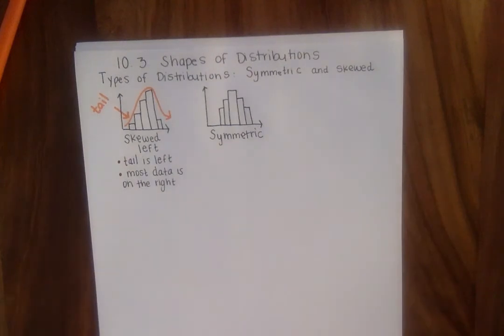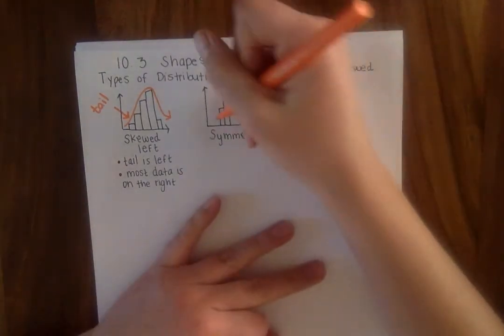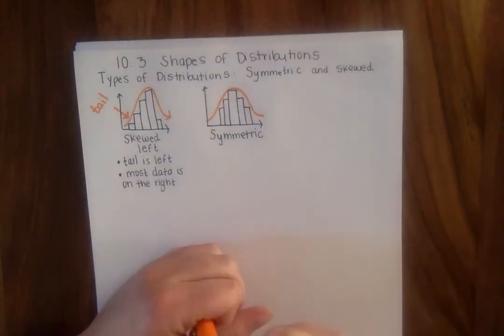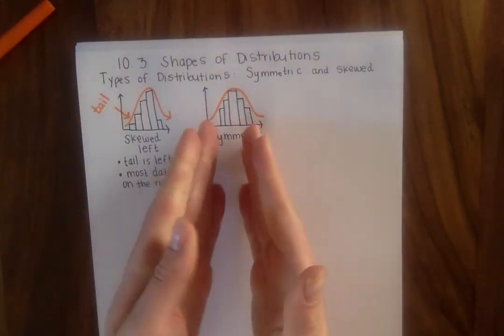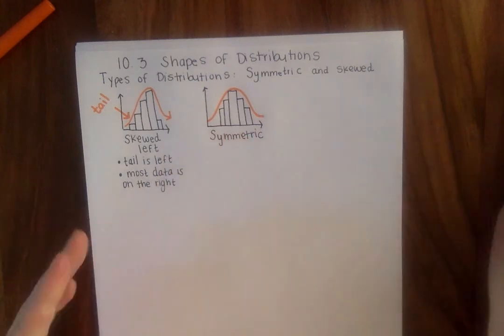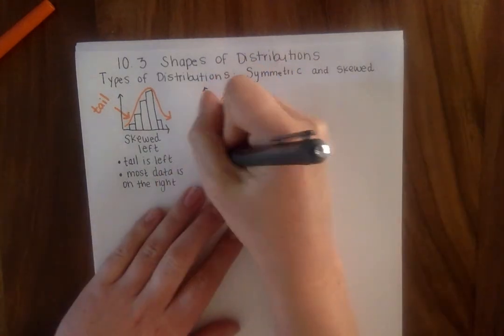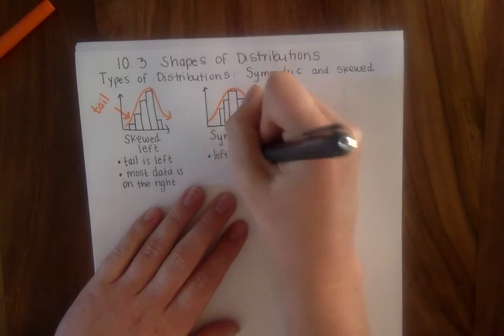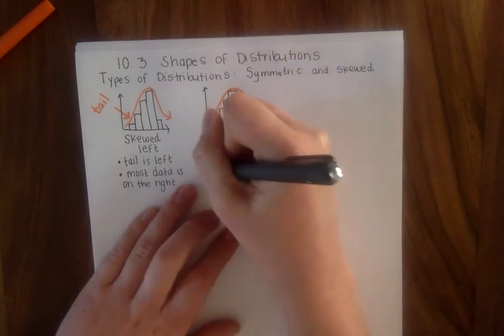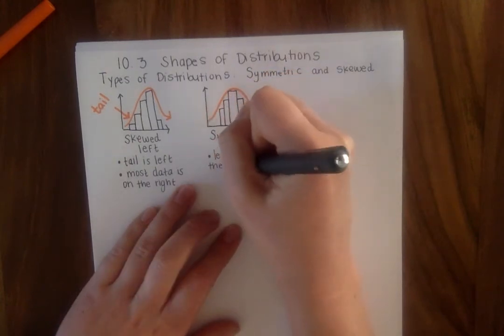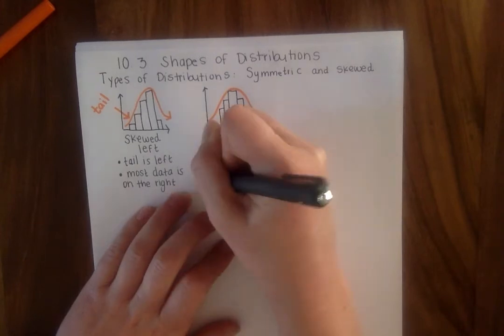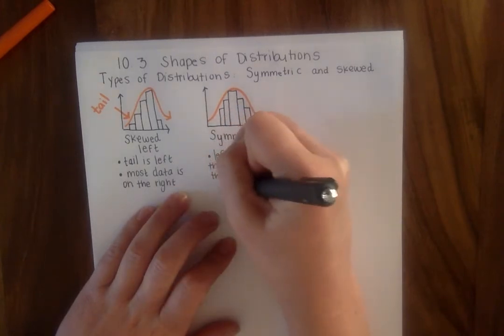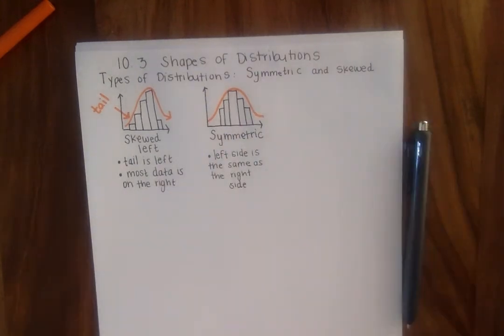This is a symmetric shape because it's even on both sides. There is no tail. It's perfectly even. Not one side has more data than the other. So we could say that our left side is the same as the right side. That is your example of symmetric.